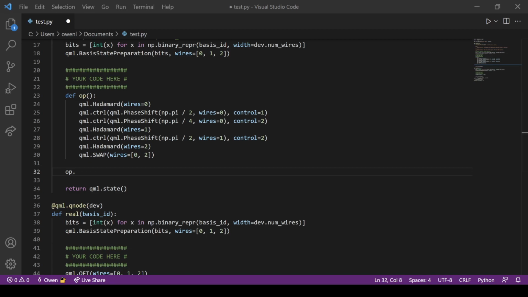Let me look up how to do this. How do I just want, let's see, reading the unitary of a circuit.